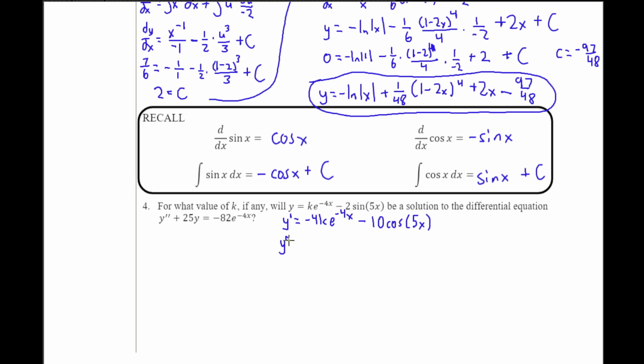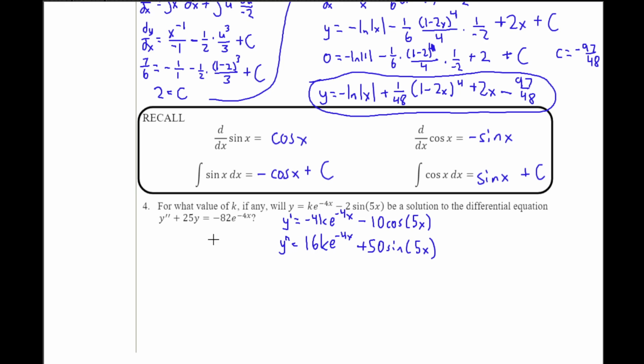The second derivative is equal to, well, we have to use the chain rule again, 16k e to the negative 4x plus 50 sine of 5x. Again, if you're confused with how we got these derivatives, please pause the video right now and ask your teacher or a classmate for help. So now we have the second derivative.